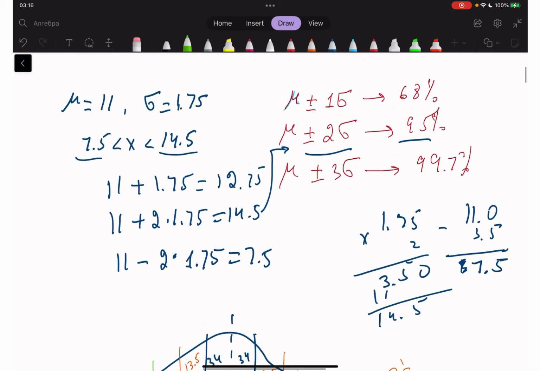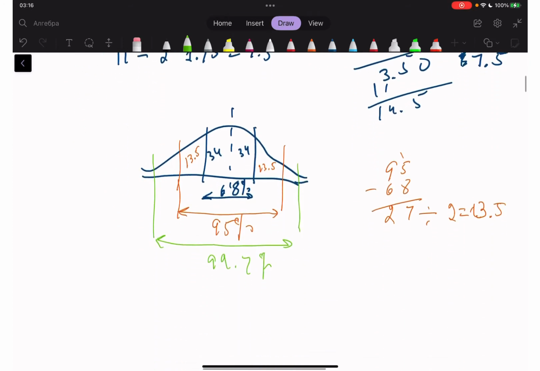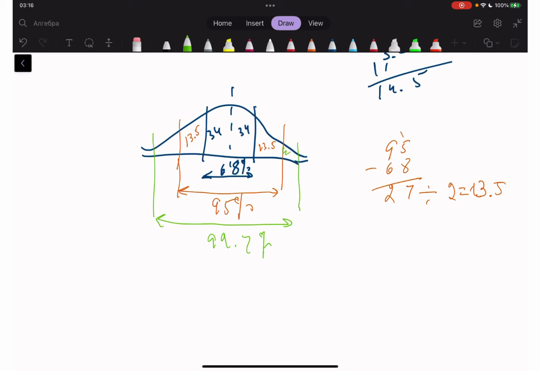It's for a normal distribution. So how much will this area be? 99.7 minus 95 is 4.7, divided by 2 is 2.35%. And the rest is going to be 0.15 left.